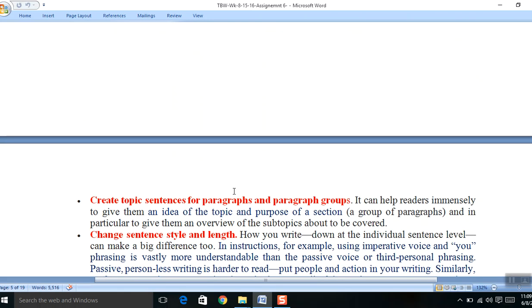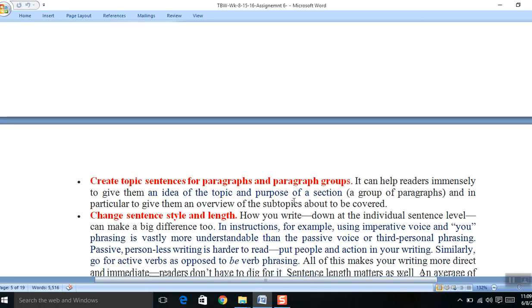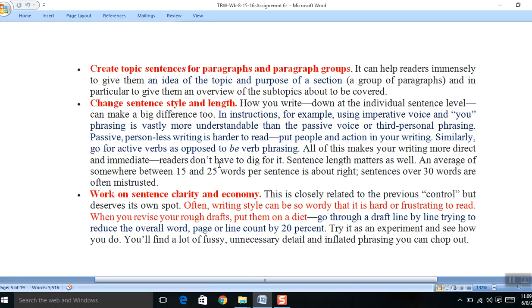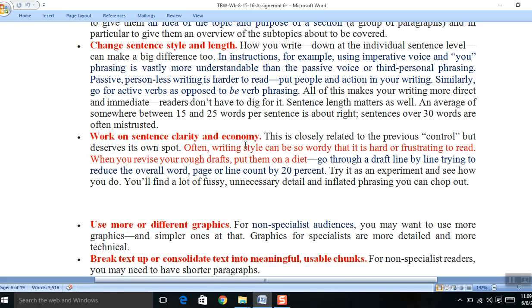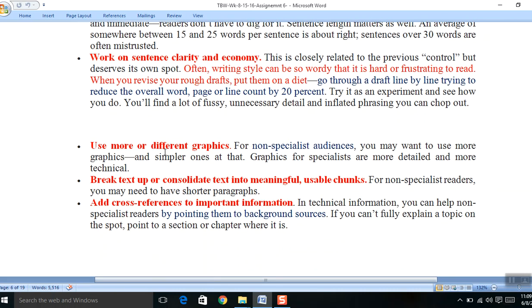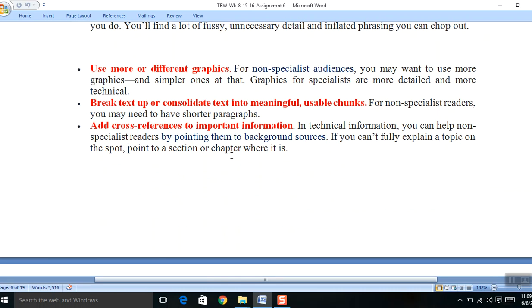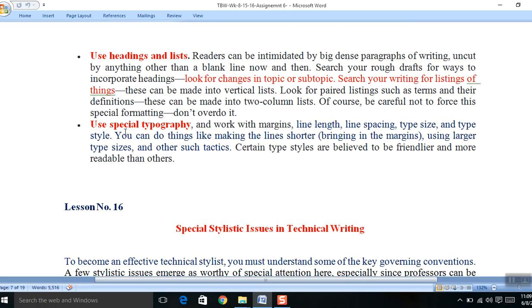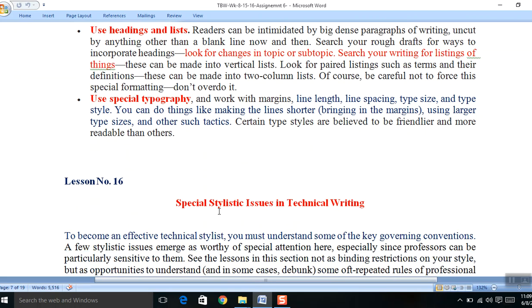Create topic sentences for paragraphs and paragraph groups. Change sentence styles and length. Work on sentence clarity and economy. Use more different graphics. Break up text into meaningful, usable chunks. Add cross references to important information. Use headings and lists. Use special typography.